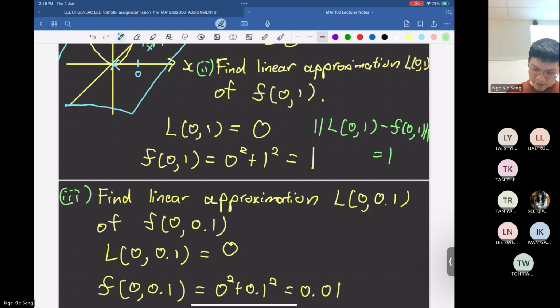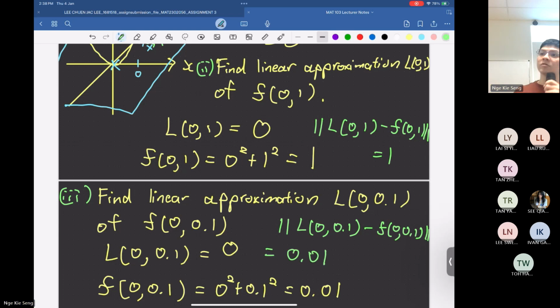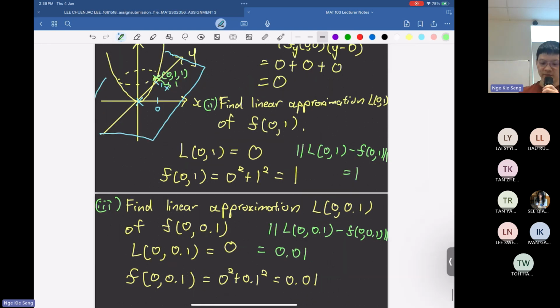The difference between linear approximation and the surface decreases, until you reach (0,0), where L(0,0) you will get 0, and that's the point on your tangent plane.